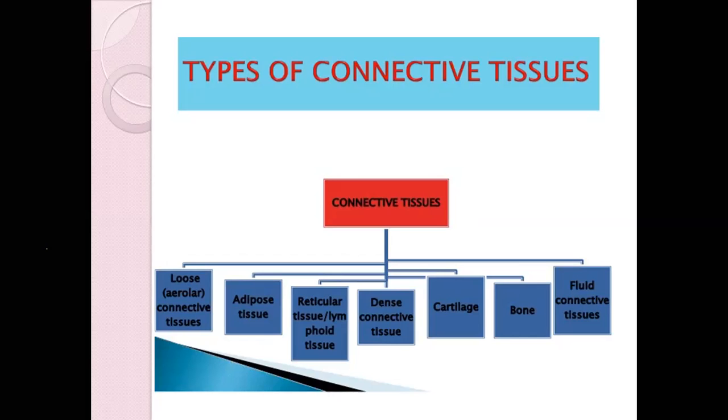We have seen bone, which I'm not going into much since you'll learn more in detail. Then the last one is fluid connective tissue, related to blood as well as lymph. For these you have separate units: the circulatory system, and for lymph, the lymphatic system. You'll learn more in detail, but just remember these are also part of your connective tissue.